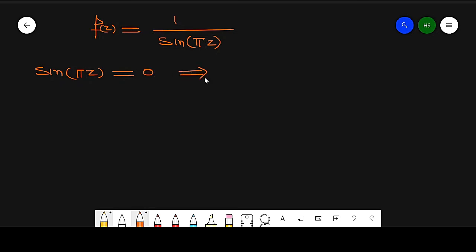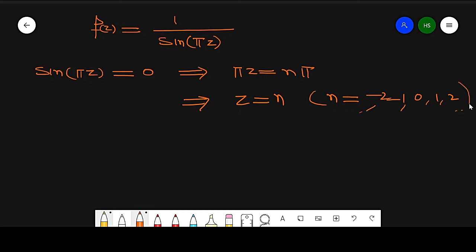It implies pi z equal to n pi, so z is equal to n, where n is an integer: 0, 1, 2, -1, -2, and so on. Also I can write it as z equal to plus minus n, where n is 1, 2, and so on, and also z equal to 0.